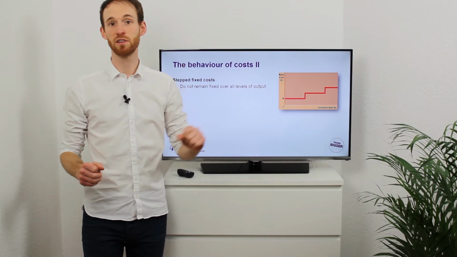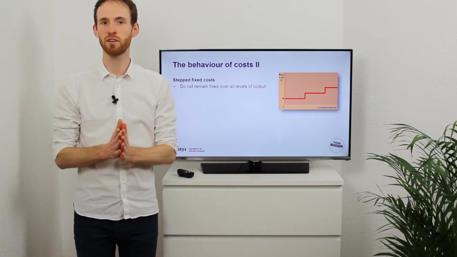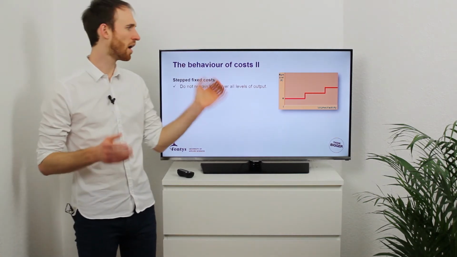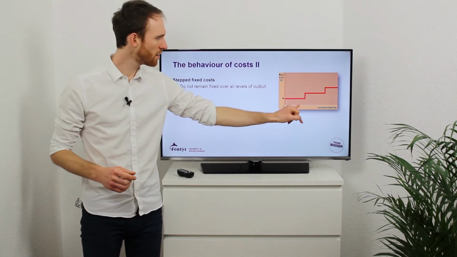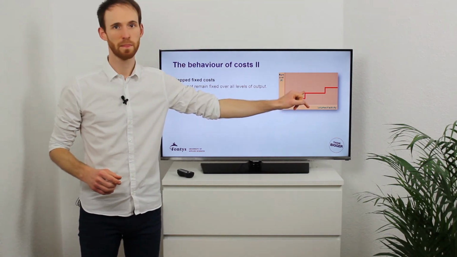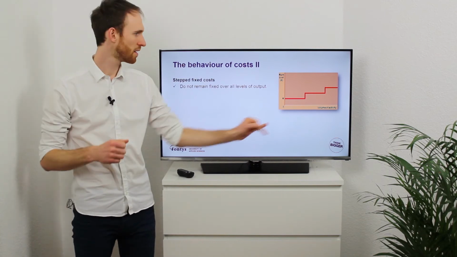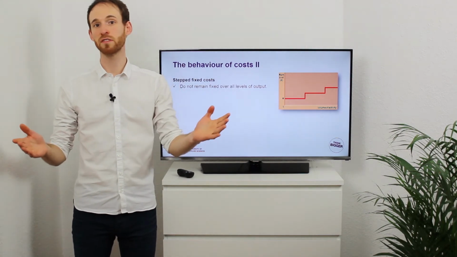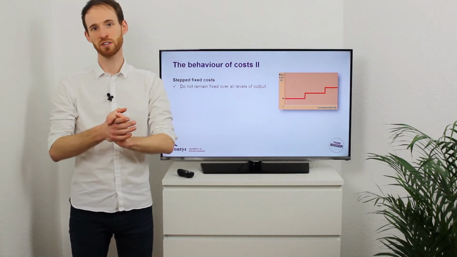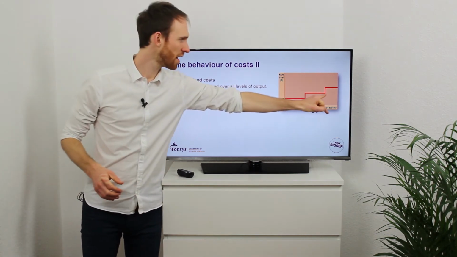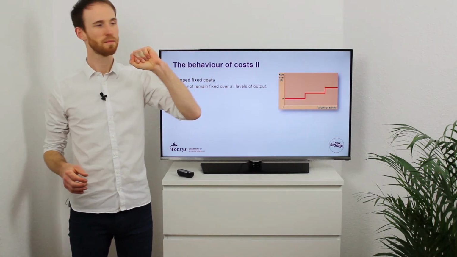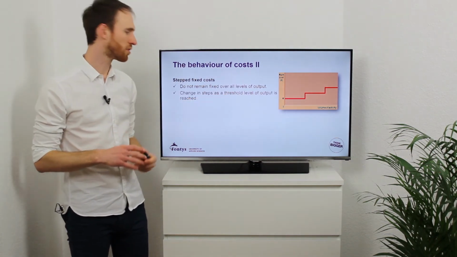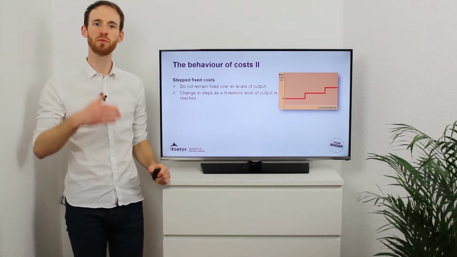But then our factory is too small, because we can only produce 500 units before our machines are at their limit, or our capacity in the factory. So we have to rent another factory, and the fixed costs go up, they step up. Then we again have capacity to produce 500 more. But if we have produced 1,000, we are at the limit of our production capacity again. So we need another factory, and we rent it and have again fixed costs. So there is a certain threshold level of output. At 500 units, we cannot produce more, so we need another factory.